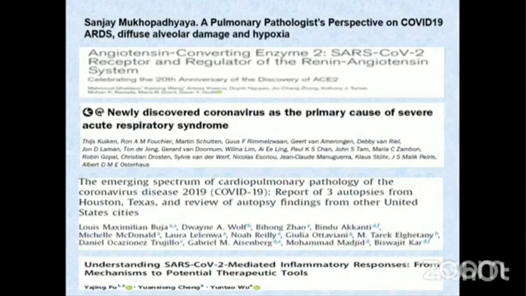For this presentation, I would like to acknowledge especially the pictures taken from Dr. Sanjay Mukhopadhyay's talk, A Pulmonary Pathologist's Perspective on COVID-19 ARDS, Diffuse Alveolar Damage, and Hypoxia. In addition, I would also like to say that many of the pictures related to angiotensin converting enzyme were taken from a paper by Gooblam et al., which was published based on their drawings.